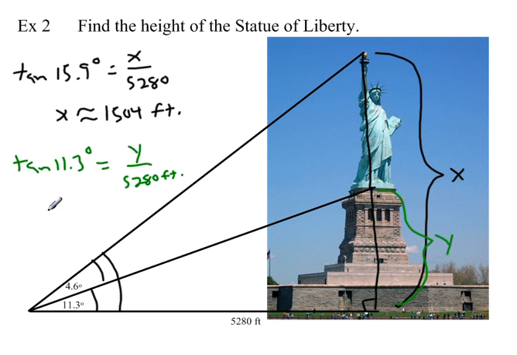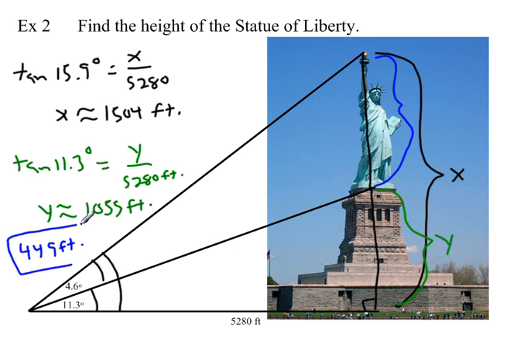Solving for y, letting our calculator do some work, we get y is about equal to 1,055 feet. So if we subtract these values, we now have the height of the statue, what we're looking for. And if we do that, we get that height is 449 feet.